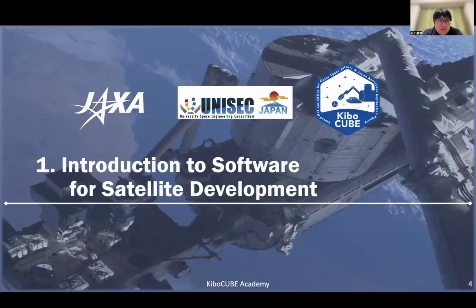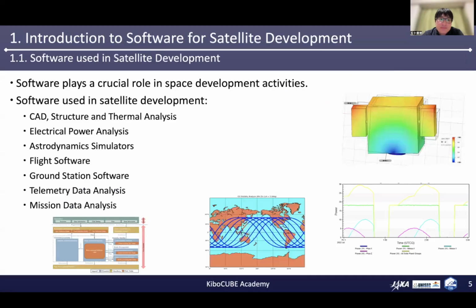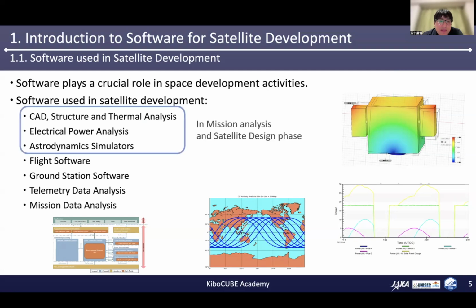So let me start from the introduction to software for satellite development. In space development activities, software plays a crucial role. And there is so much software used in satellite development: CAD, structure and thermal analysis, electrical power analysis software, and astrodynamic simulators.